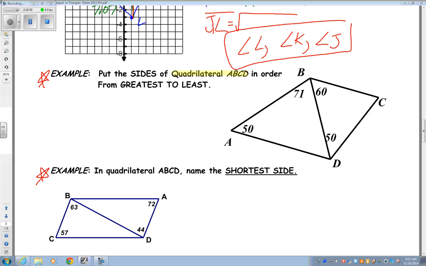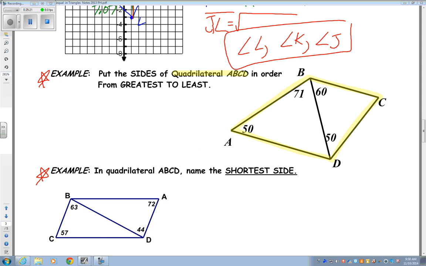Quadrilateral ABCD. Yes, you can use your triangles to help you problem solve, but make sure we're putting the quadrilateral sides in order from greatest to least. So try that right now.